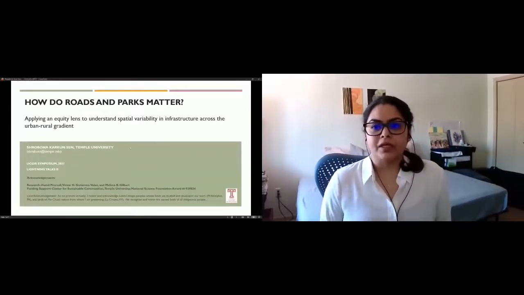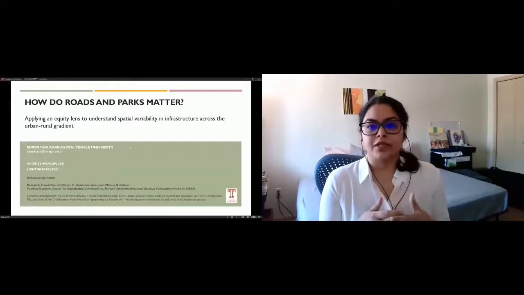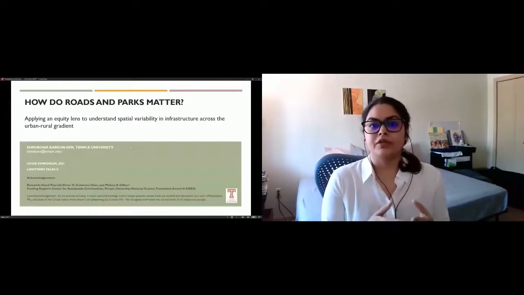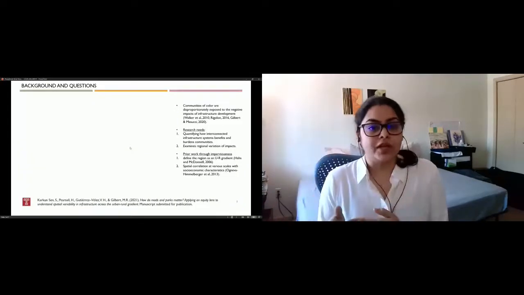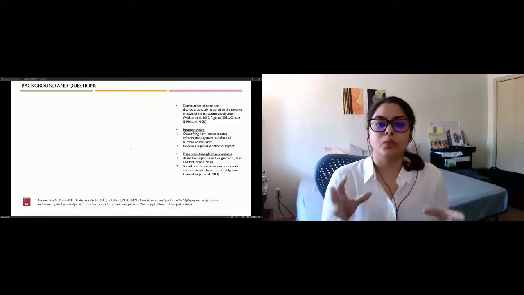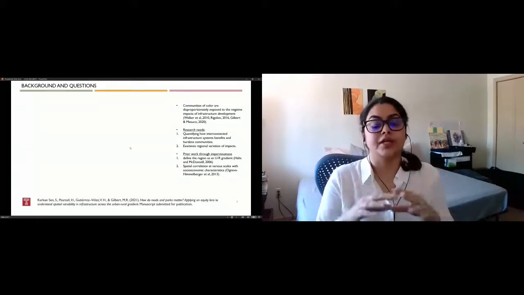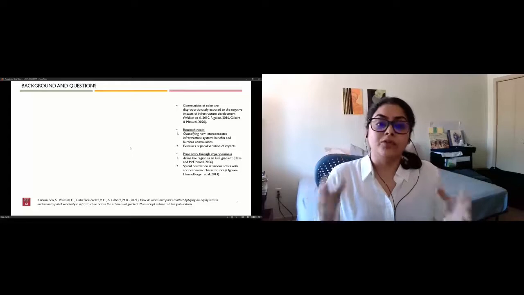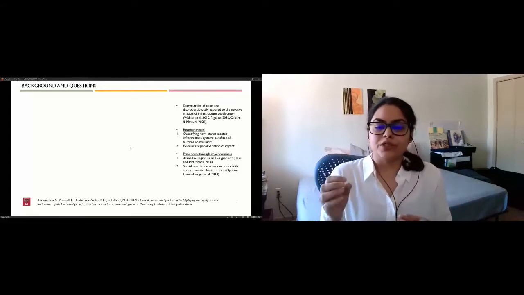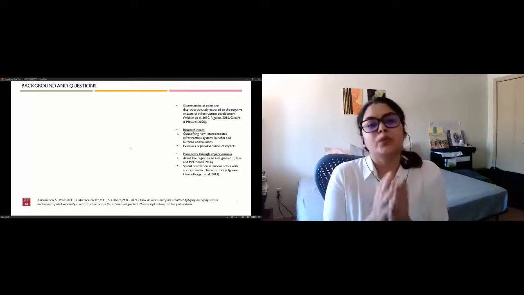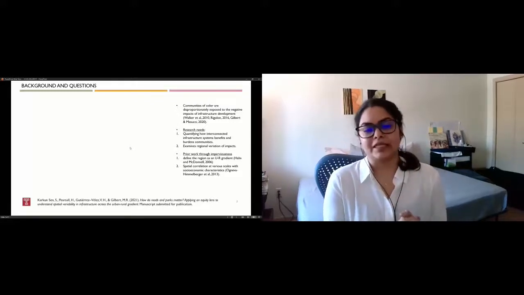So real quickly, this research is based on the premise that communities of color have been disproportionately exposed to infrastructure development, and there is a lot of work looking at various infrastructures and how they have negatively exposed minorities and communities of color by virtue of their location, basically.